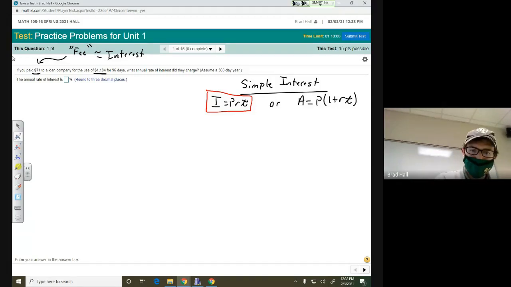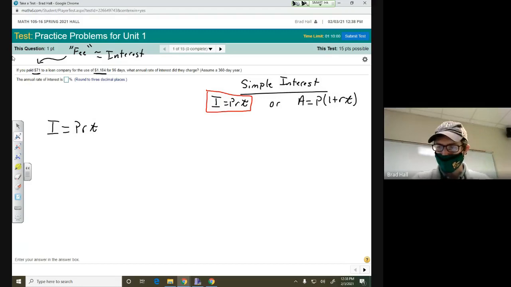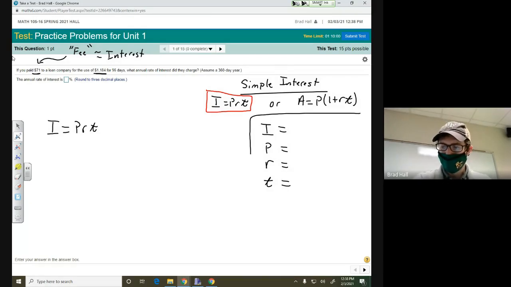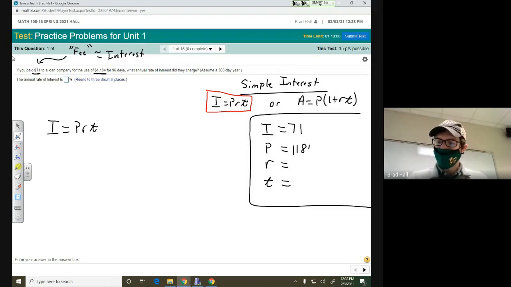But since we know the formula to use now, we now know the variables we should look for. There's an I, there's a P, there's an R, and there's a T. So I already said that the fee is the $71, which makes the principal amount $1,184. And they do have us borrowing for 96 days.